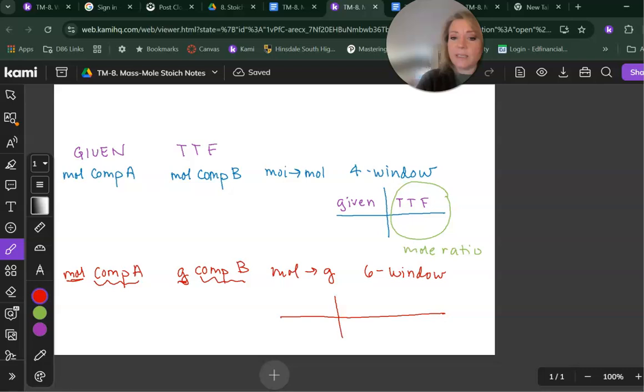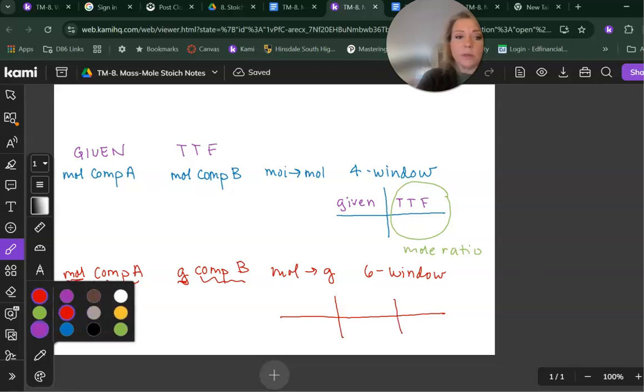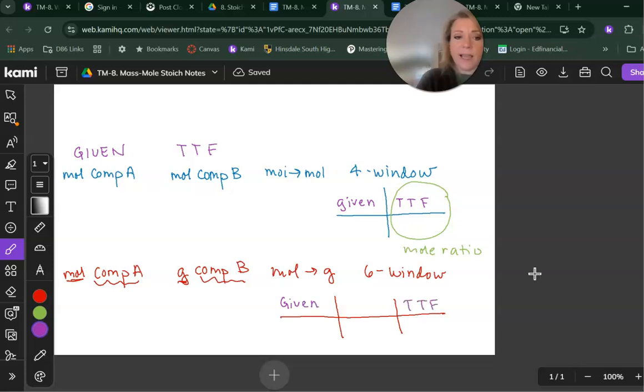And in my 6 windows, we are going to have our given and our trying to find, but now the mole ratio goes in the middle, and our molar mass goes at the end.